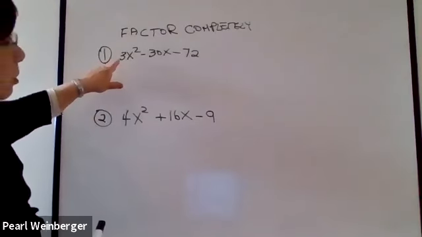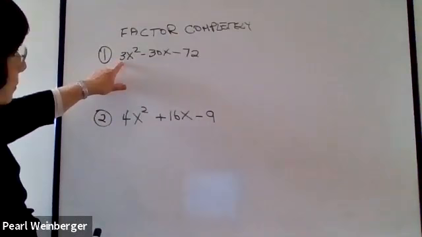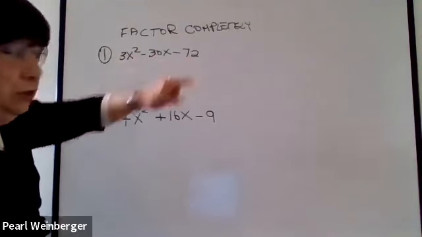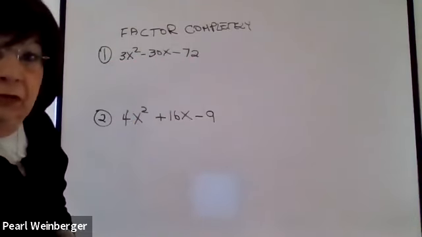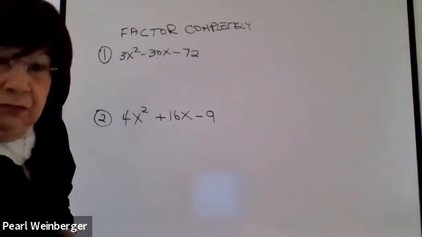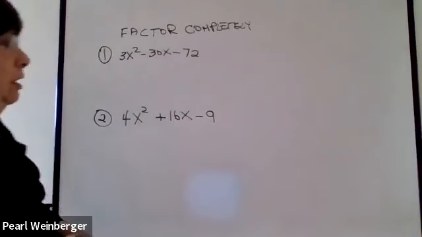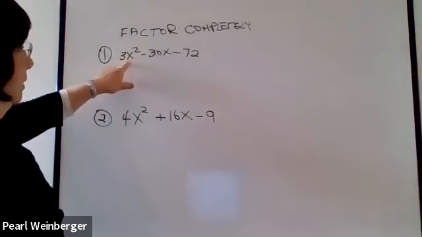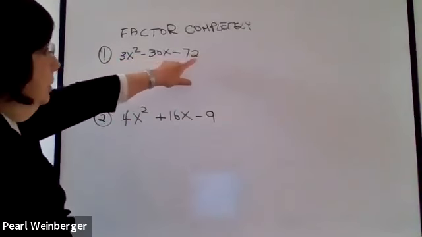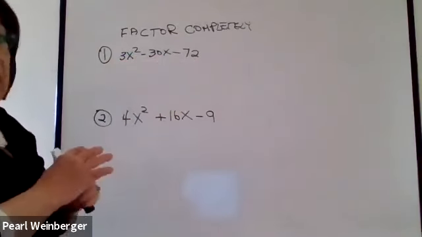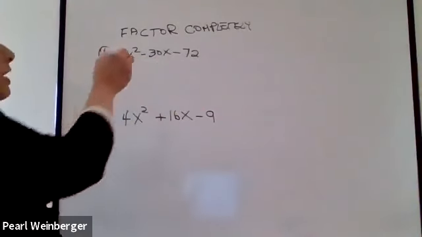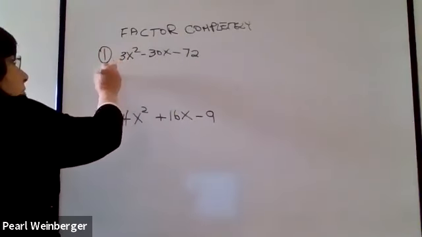If I look at the coefficients, there's a 3, a 30, and a 72. All of those are divisible by 3. But the last term doesn't have any x, so the only common factor happens to be the 3.